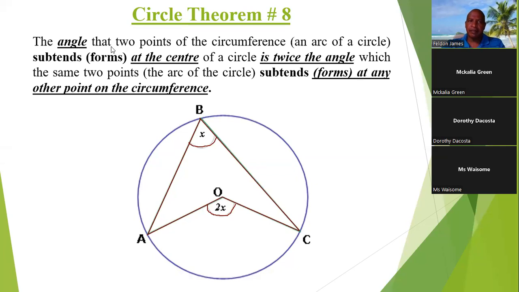It says that the angle at 2 points of a circle, and the 2 points they're referring to here would be A and C. So if you form an angle from the same 2 points at the center, and from the same 2 points you form an angle in the other sector at the circumference, the theorem is saying that the angle formed at the center is twice the angle formed at the circumference. Is that clear?